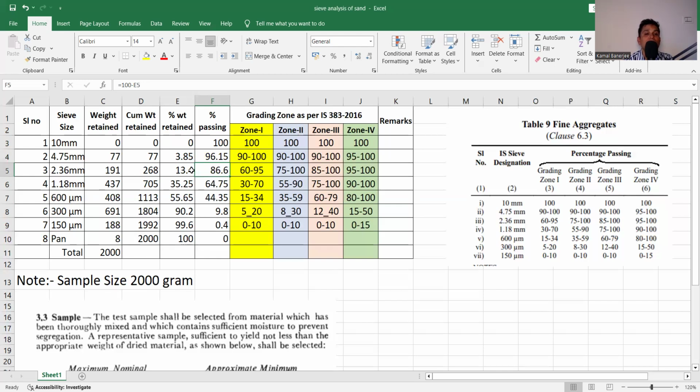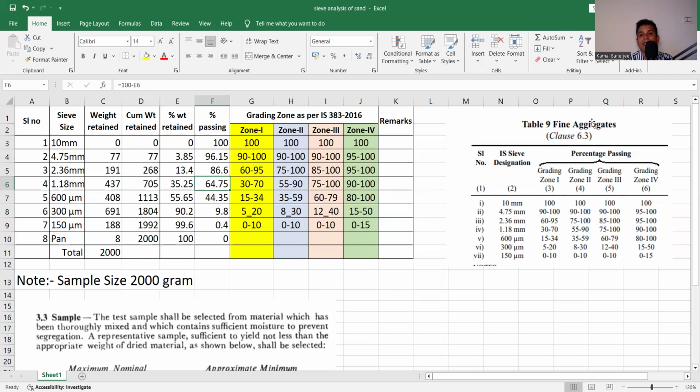Here also 100 minus 13.4, that is 86.6. Here 100 minus 35.25, that becomes 64.75. This is the percentage of passing. So 100, 96, 86, 64, 44, 9.8, 0.4. So these are the percentage of passing.